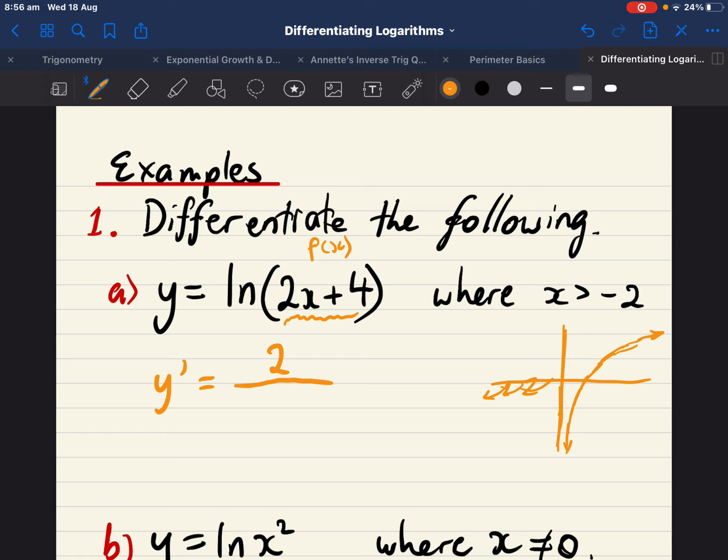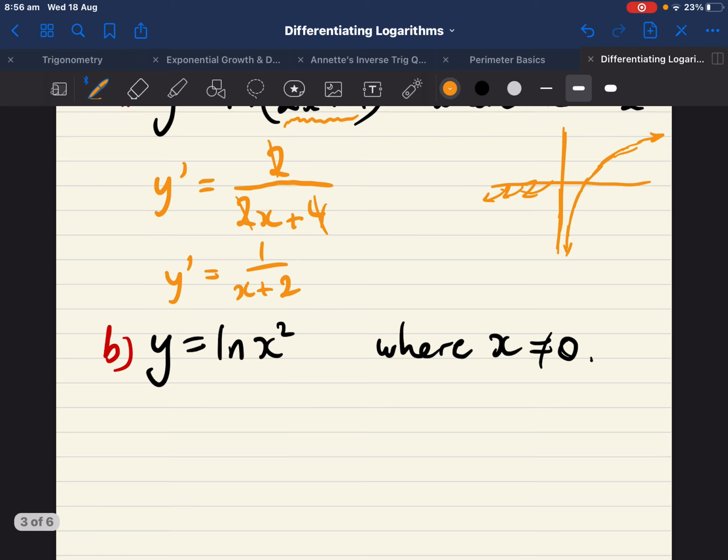On the bottom of the fraction will be f of x, the thing completely unchanged. That there is the derivative. This one does happen to simplify a little bit, so I will do that. We've got factors of 2 top and bottom, so it ends up just becoming that. But yeah, that's how you differentiate the first one.